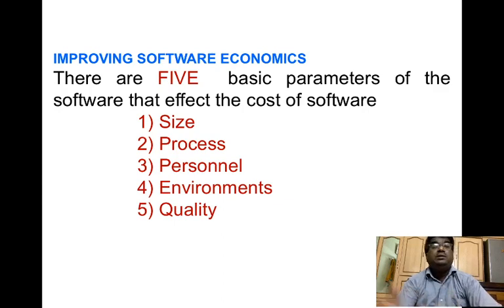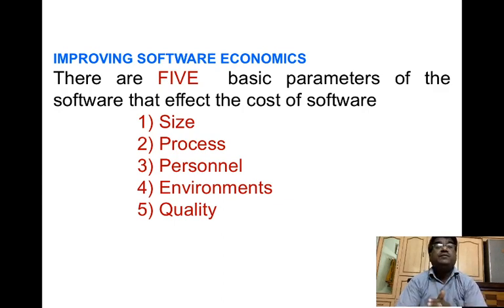In the entire second unit, part A, we have to focus on the 5 economics. Just look at this: size, process, personnel, environments and quality. Briefly, size means you have to reduce the software size as much as possible.